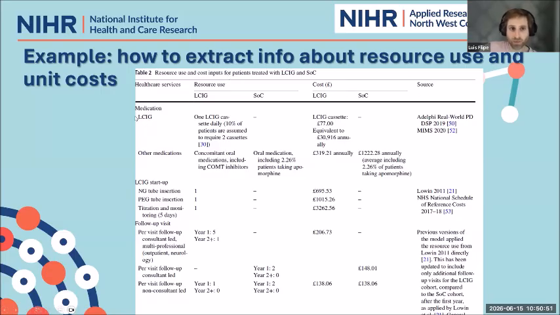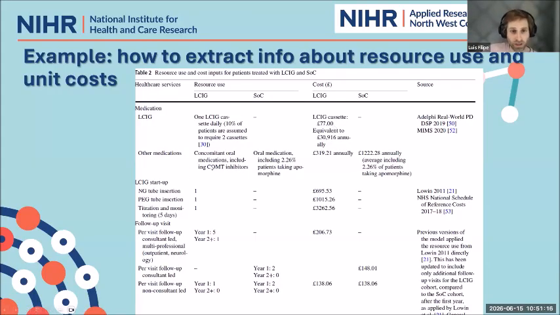So medication, we start here with the LCIG, and we have the unit cost. They explain that 2 cassettes are required per year, if I'm not mistaken. And then you have the cost of a cassette, and they have the annual equivalent. So I assume that the cassette works for, let's say, 2 years maybe, and then they have the annual equivalent.